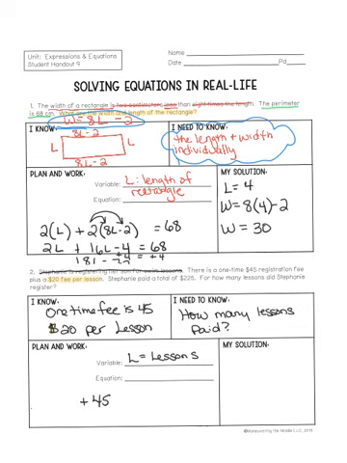Whatever how many lessons they're paying for plus $45. Okay, that one-time deal. And we know it's going to equal $225 because we know that's what she paid total. So Stephanie paid a total of $225. And this is the question, for how many lessons did Stephanie pay?